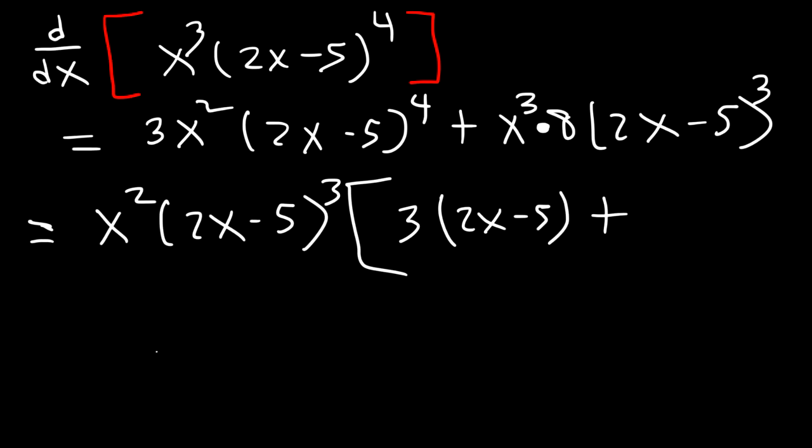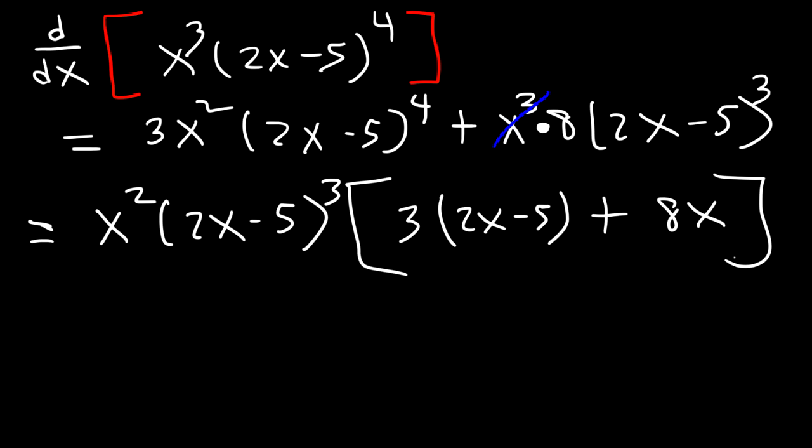Now for the next one, we took out x squared, so there's an x left over. We have an 8, and we took out all 3 of the (2x minus 5)s. So it's going to be plus 8x. And that's all that's left over for that term.